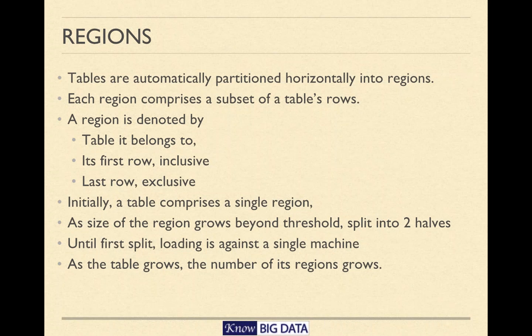As the region grows, it is split into two equal halves. Until the first split, all the loading of the data happens on a single machine. As the table keeps on growing, the number of regions grows, and the ability to write data becomes more and more parallel, right? Because if you have more regions, you can modify more regions in parallel, and so on. All right?